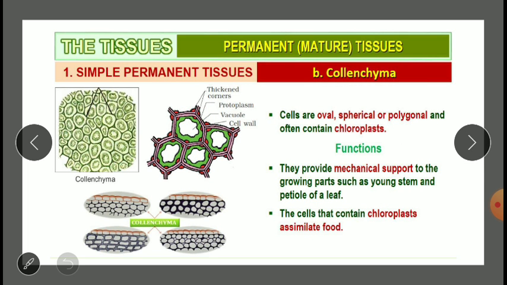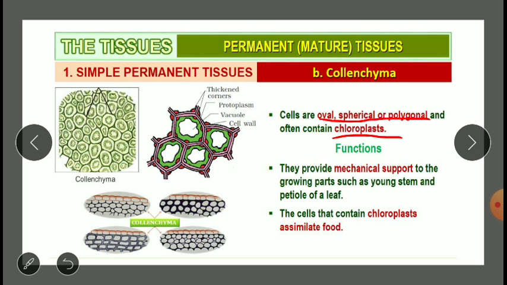Then, these collenchyma can also be of variant shapes like that of parenchyma. They can be oval, spherical or polygonal, and they often contain chloroplast, which has the photosynthesis pigment.